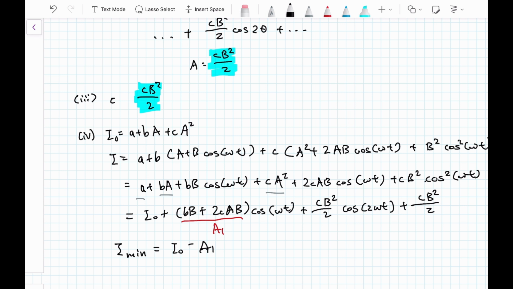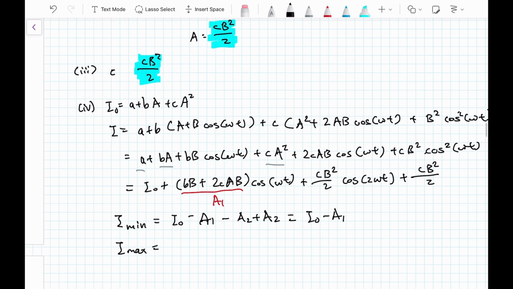Later on we have this component, cb squared over 2, so we can say it's minus A2 and then plus another A2. So what's left will be I0 minus A1. And for Imax, it is equal to I0 plus A1, when cosine omega t is equal to 1, and for the later term that is A2 plus another A2, so that's 2A2.